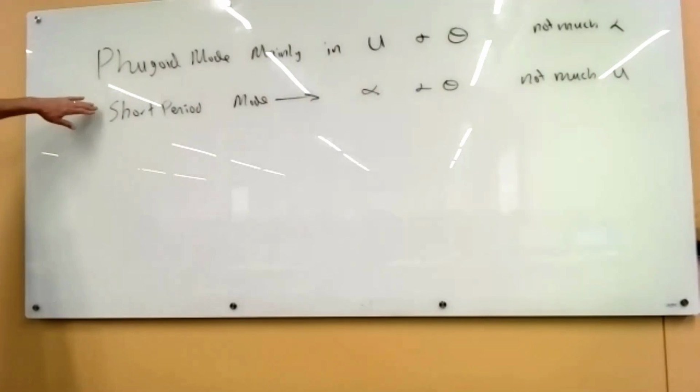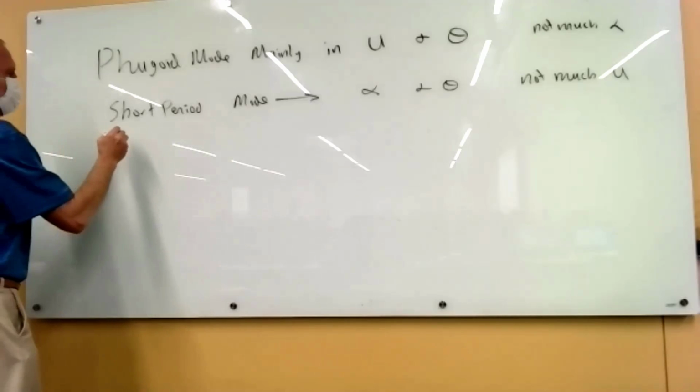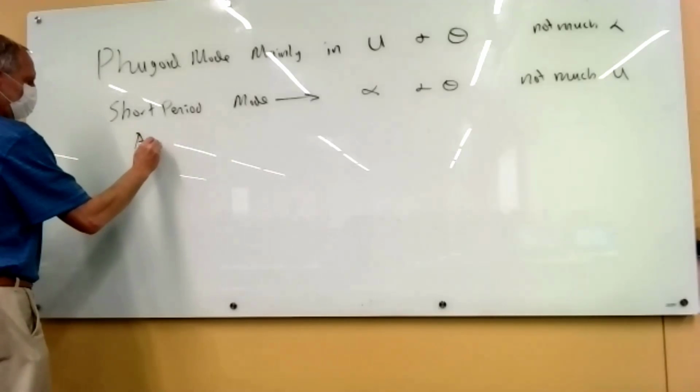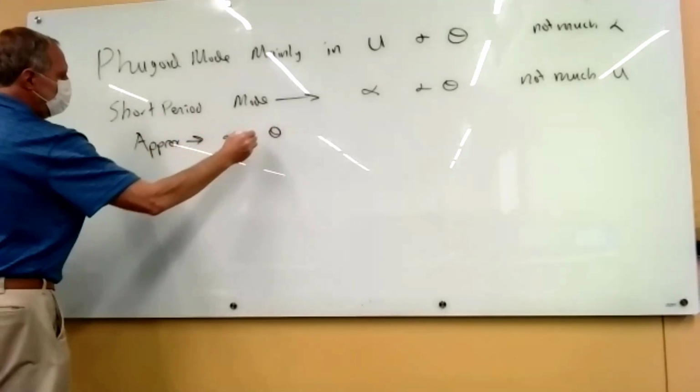Yeah, and so what's going on here is the short period mode happens so fast that the velocity, the inertia of the airplane doesn't allow the velocity of the airplane to change that quickly. So you don't get much change in velocity. So we can take advantage of that, and we can say we'll do a short period approximation where all we do is look at alpha and theta.